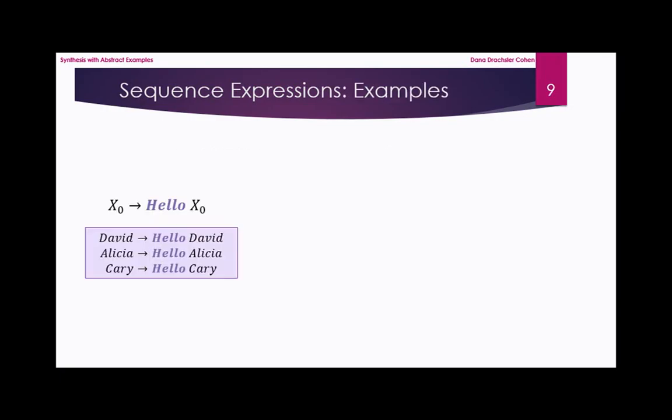Let me demonstrate what an abstract example would look like. Here we see our first kind of variable on the left side. This is the X0. A capital letter means that this could represent any string. So basically what we say here is that for any input, the output would be the constant string hello, space, followed by the input that we got, X0.